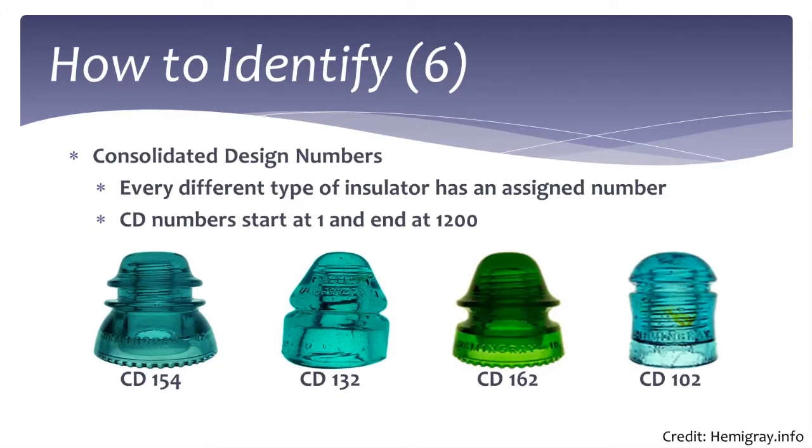Design numbers were actually put in place as a system much later, so it's something that collectors use. There are definitely resources online. I've seen websites that have all numbers 1 to 1200. You can click on it, you can look at an image of the insulator so you can compare it to your own. But these numbers will not appear on the insulators themselves. These are just additional numbers that have been assigned to them.